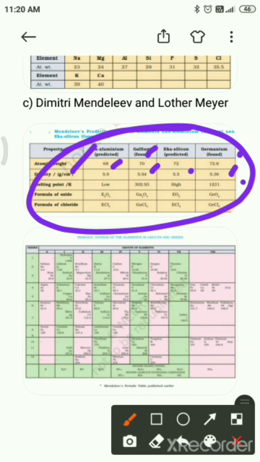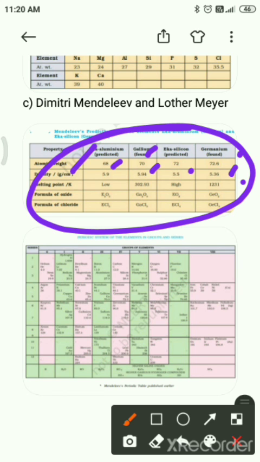For the formula of the oxide, Mendeleev predicted E2O3 for eco-aluminium, and Ga2O3 was found. For eco-silicon he predicted EO2, and germanium was found to form GeO2.